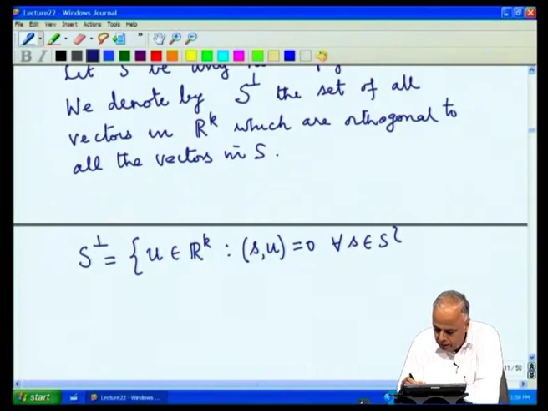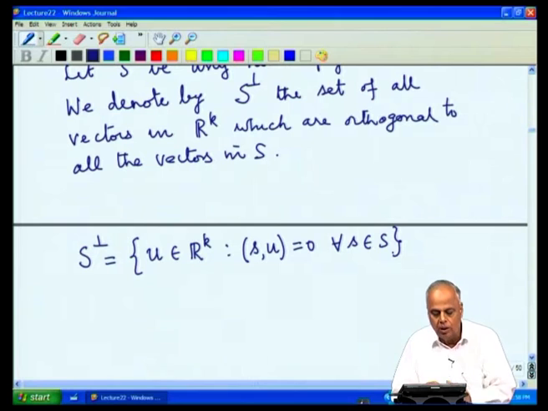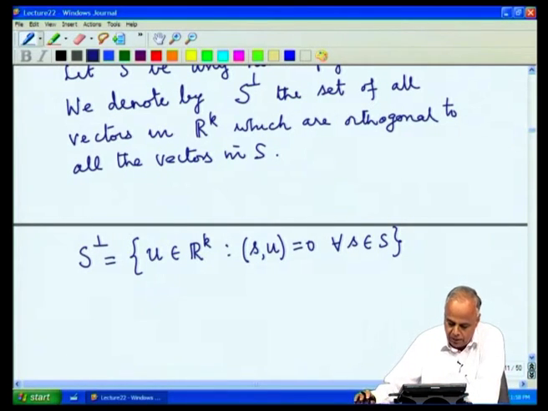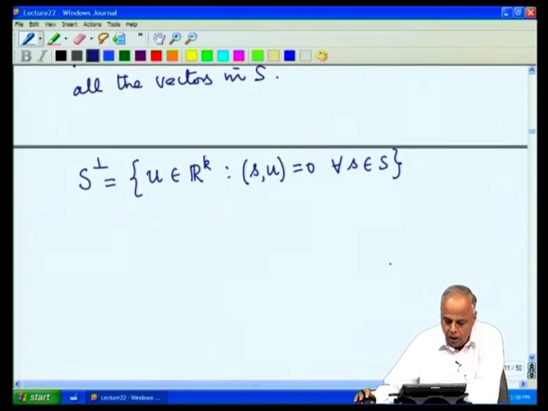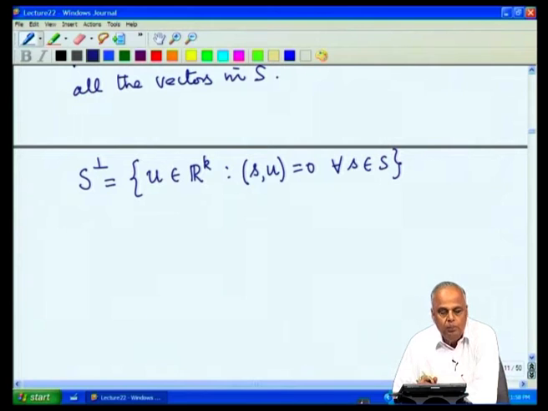So it is the set of all u in R^k such that <s, u> is 0 for every s in S. This is the collection of all the vectors which are perpendicular to every one of the vectors in S.